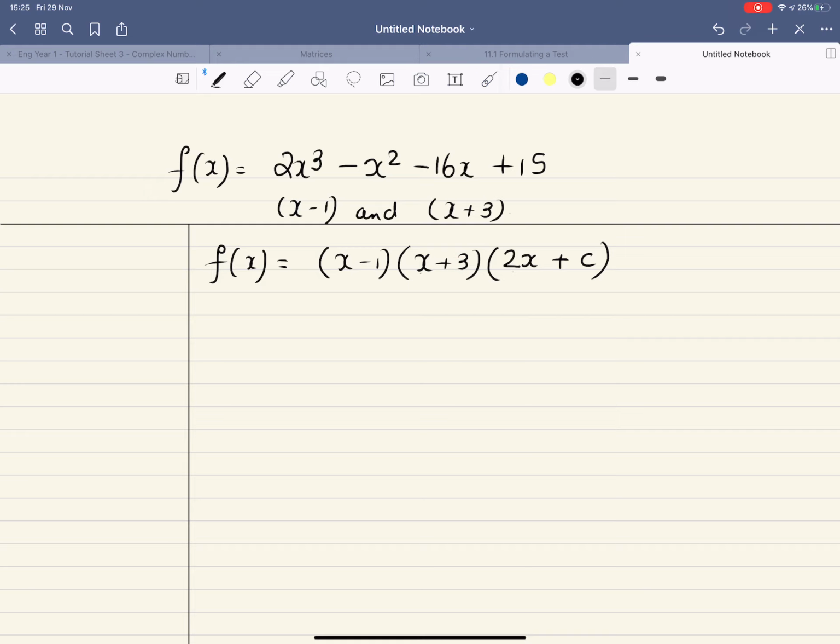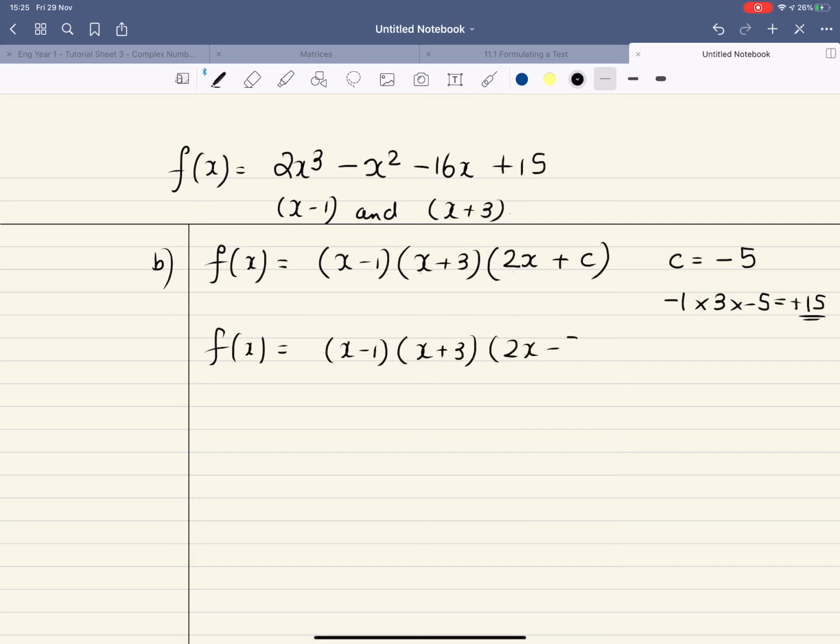So that's quite quick. By observation, we can say c must be minus 5, because minus 1 times 3 times minus 5 is plus 15. Okay, so this is part B: f of x is x minus 1, x plus 3, 2x minus 5.